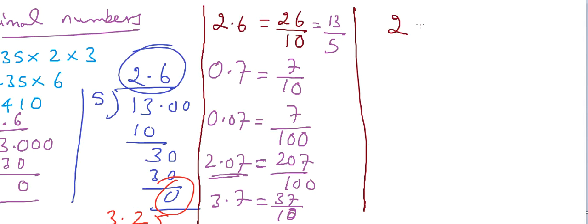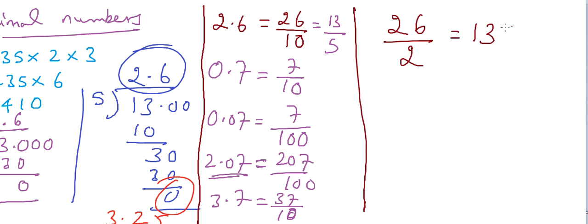Suppose it's 26 and you want to divide by 2, a simple division. So we get 13, correct.